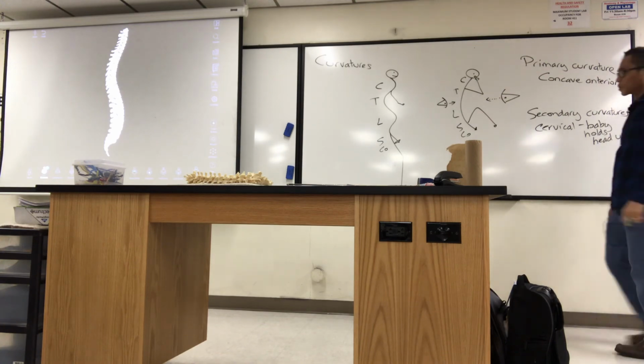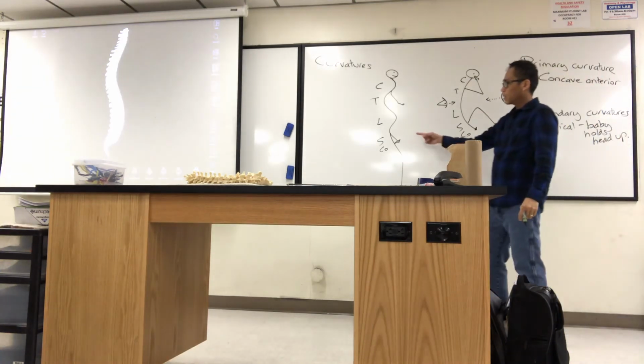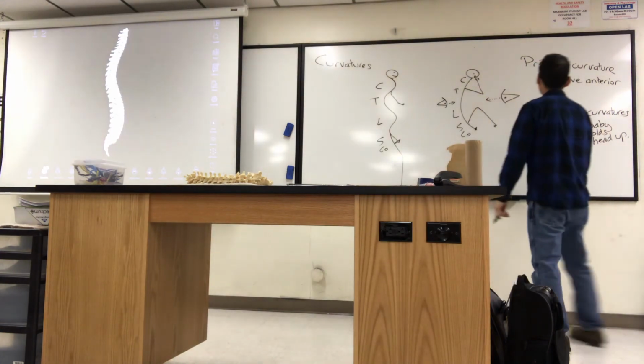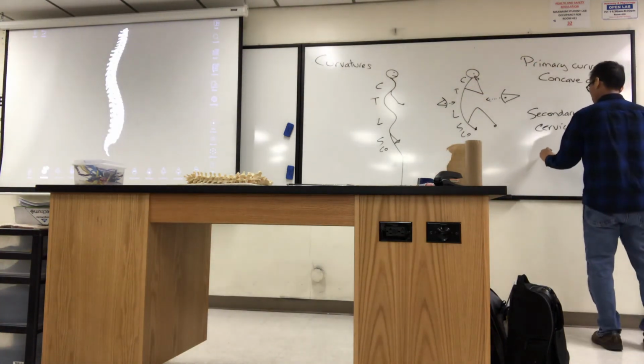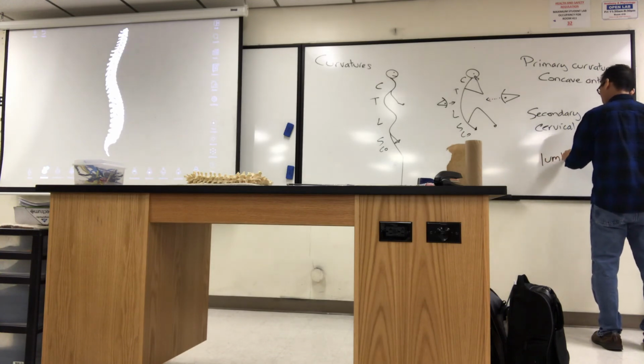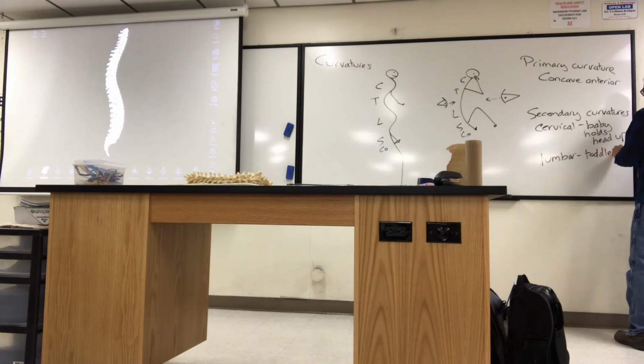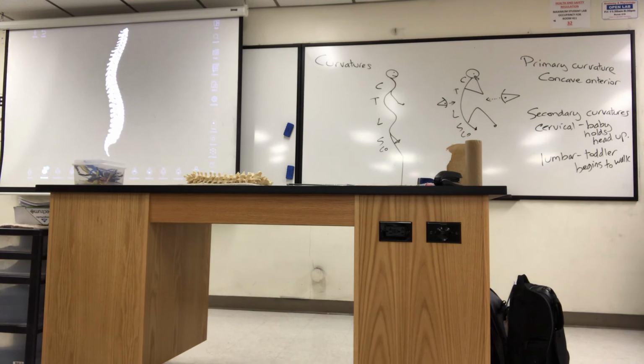Then, as toddler starts to walk, the lumbar spine will take that curvature. Lumbar. Toddler begins to walk, around 18 months, 2 years, something like that. So that's why they're called the secondary curvatures.